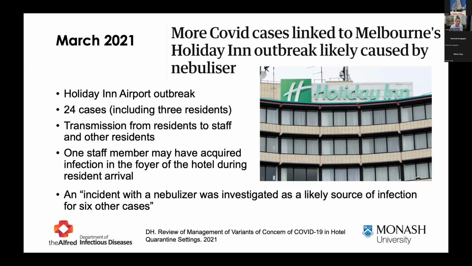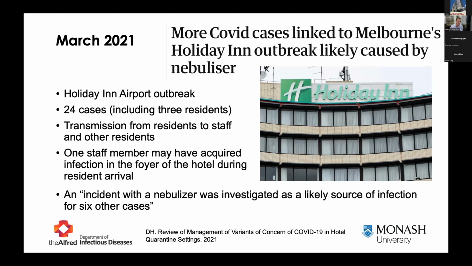And then the second anecdote was associated with our hotel quarantine program in Melbourne. We had an outbreak of 24 cases at the Holiday Inn Airport Hotel, including transmission from residents to staff and also to other residents in separate rooms in this hotel.